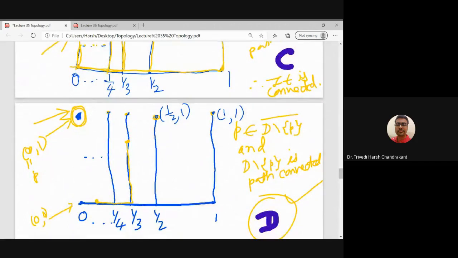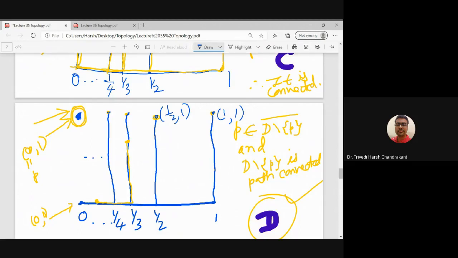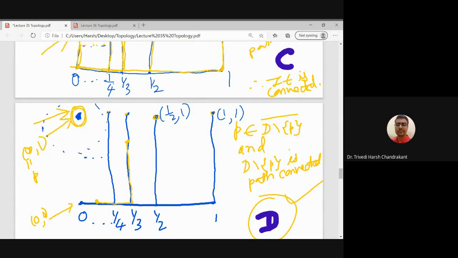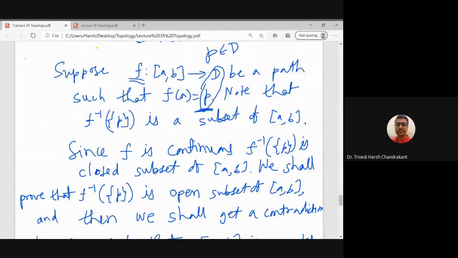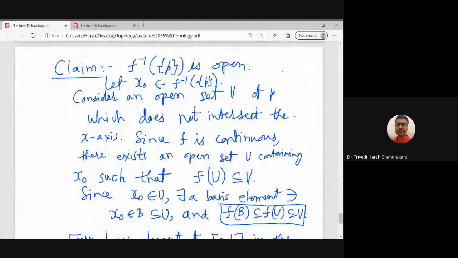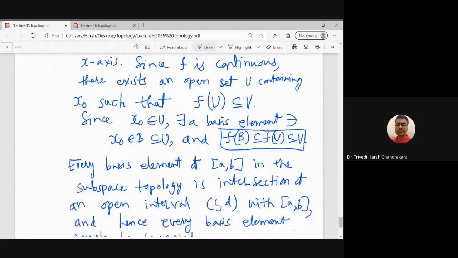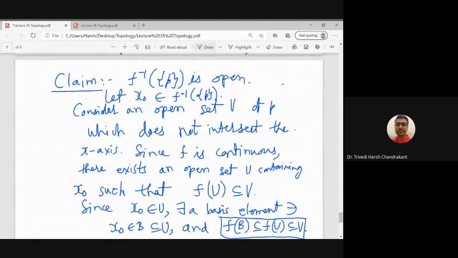In this diagram, I am considering an open set around the point P which is not intersecting the x-axis, right? Let us call this open set V, which contains the point P. So x0 is a point of f inverse of singleton P.